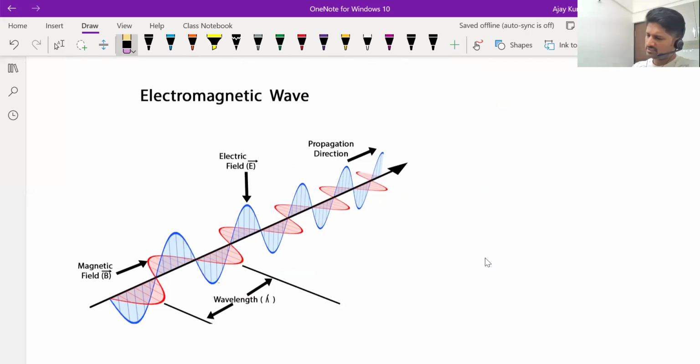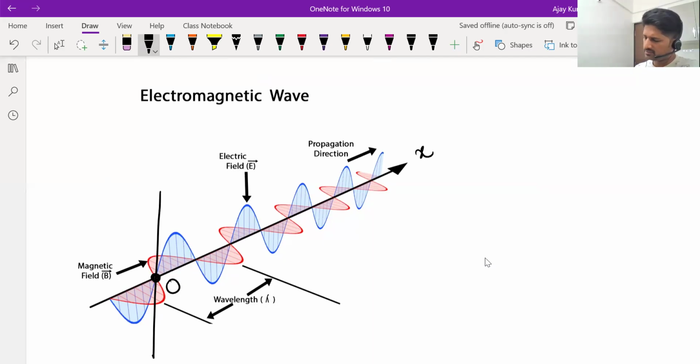Now, assume this is moving along the x-axis. Propagation direction is positive x. Origin could be anywhere, we don't know. Let's say origin is here, O. Now at O, exactly at O, the electric field is 0, magnetic field is 0.